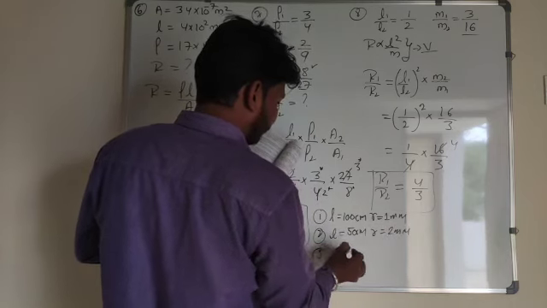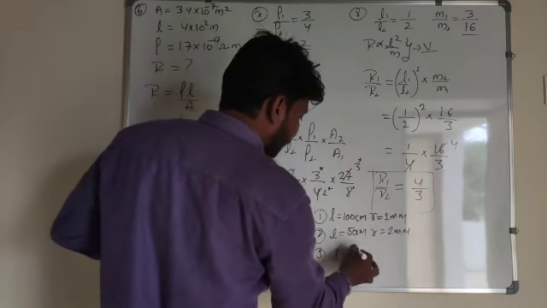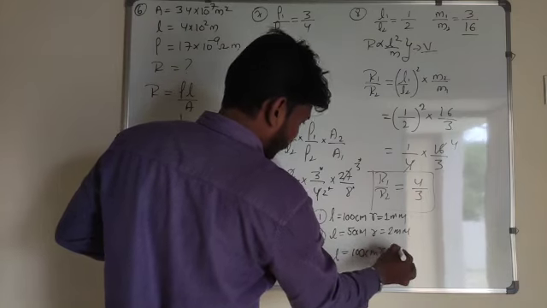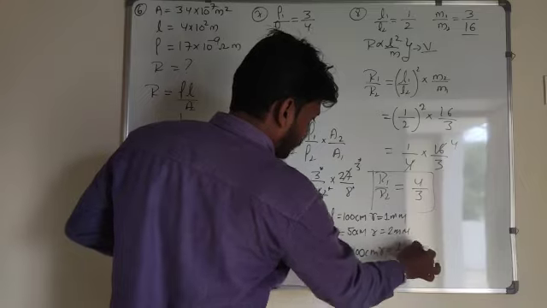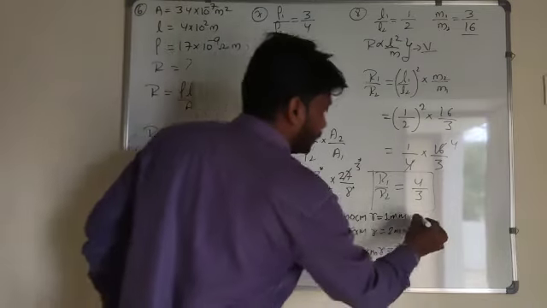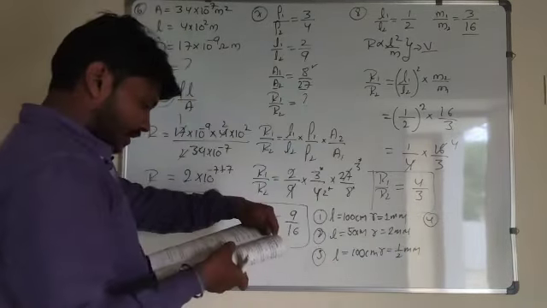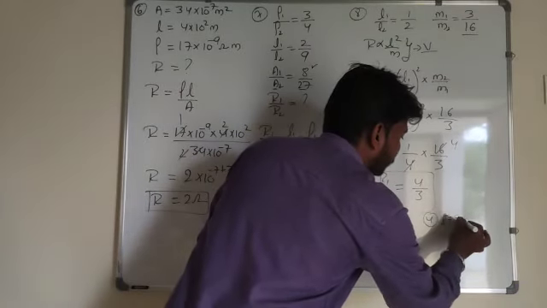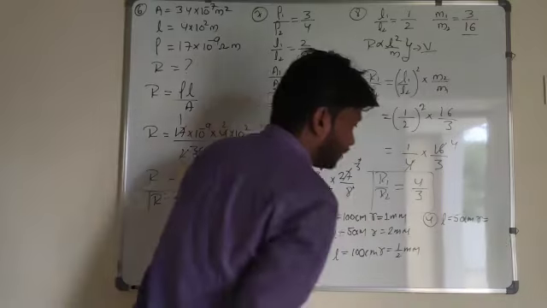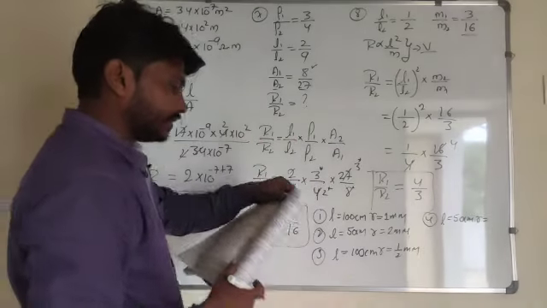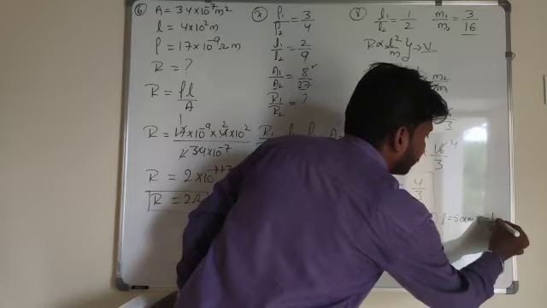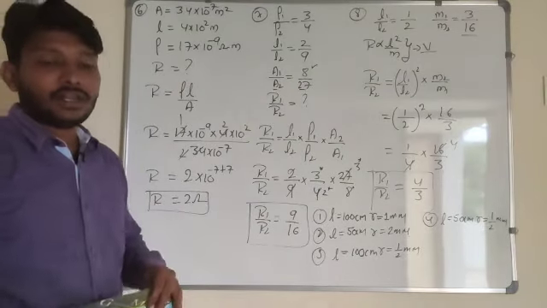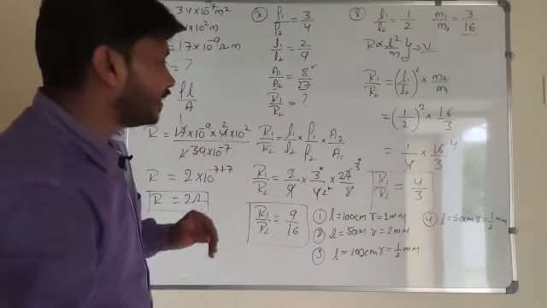In the third one, length is 100 centimeter and radius is half millimeter, and in the fourth option, length is 50 centimeter and radius is half millimeter. So out of these 4 wires, which wire has the greater resistance is to be determined here.